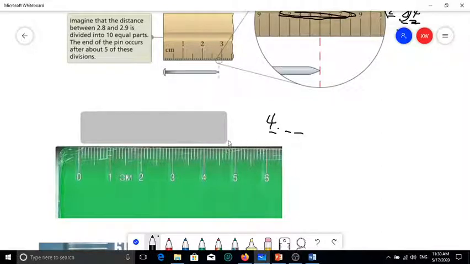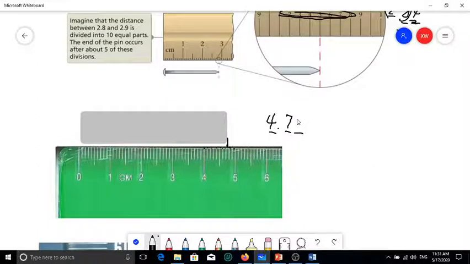Now, as far as this block, you can see this is between 4 and 5, and then 4.1, 2, 3, 4, 5, 6, 7. Now, it's longer than 4.7, but not quite 4.8 yet, so you're going to read that as 4.7, and you're going to estimate where it's going to be between 7 and 8.